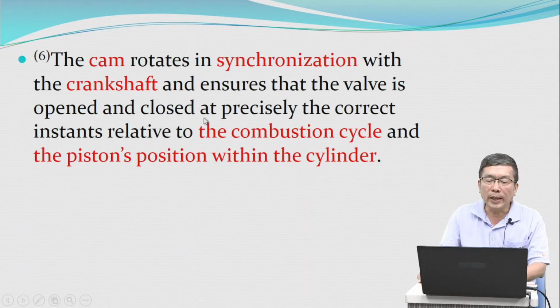The cam rotates in synchronization with the crankshaft and ensures that the valve is opened and closed at precisely the correct instant relative to the combustion cycle and the piston's position within the cylinder.